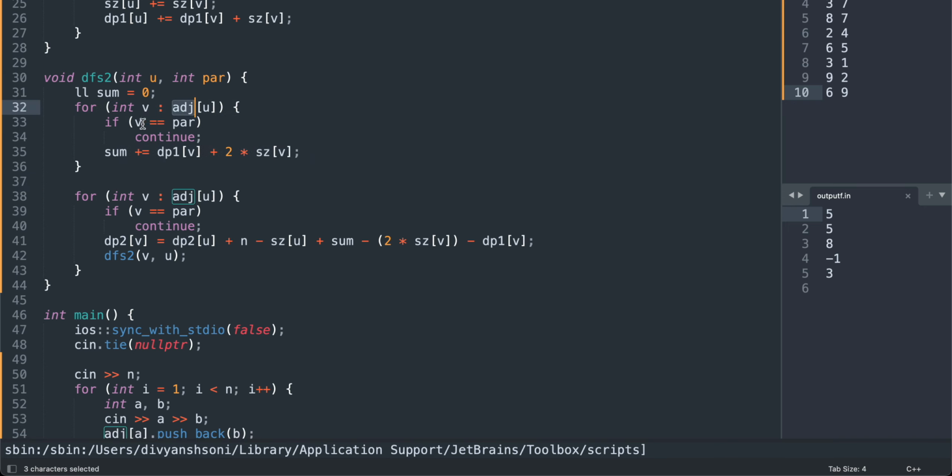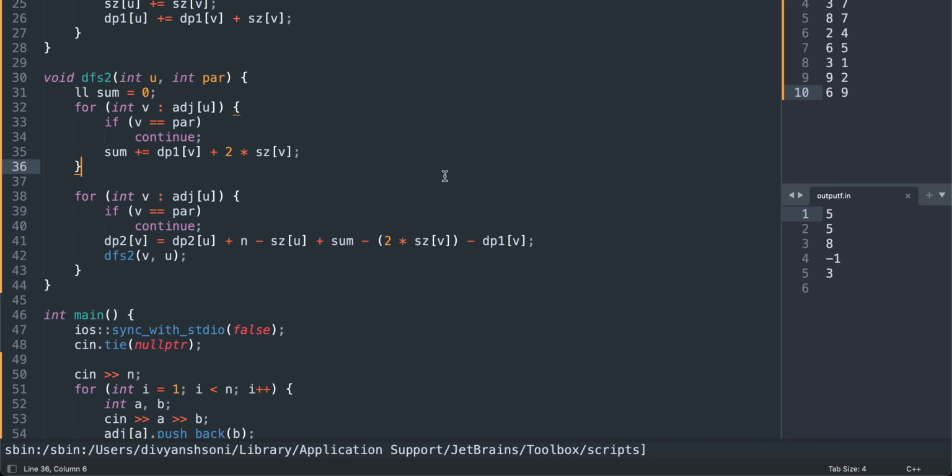Okay, adjacency of u: if v is parent, continue, otherwise for all the siblings of v, how much they will contribute if I go via u. Everything, so do they increase by 2 or what?